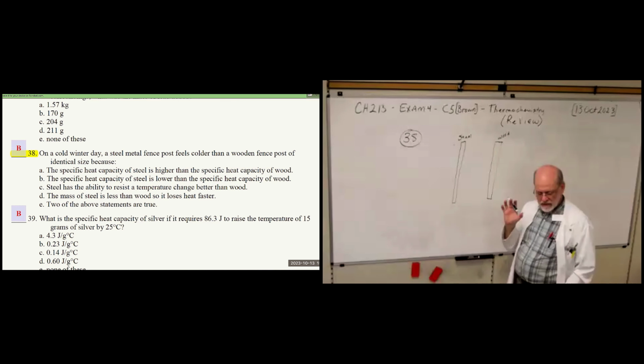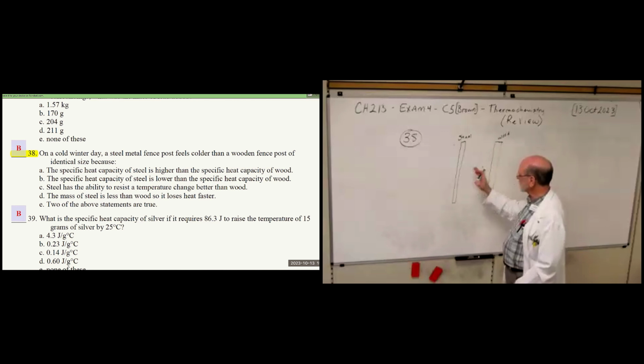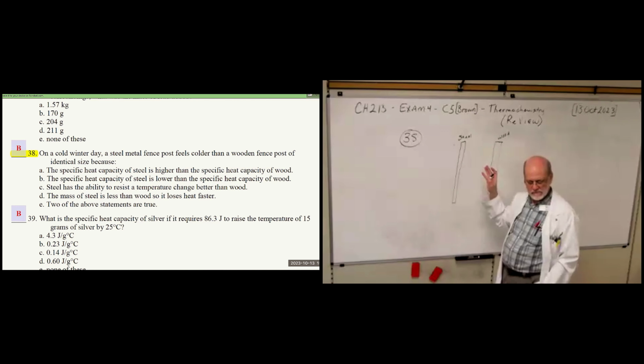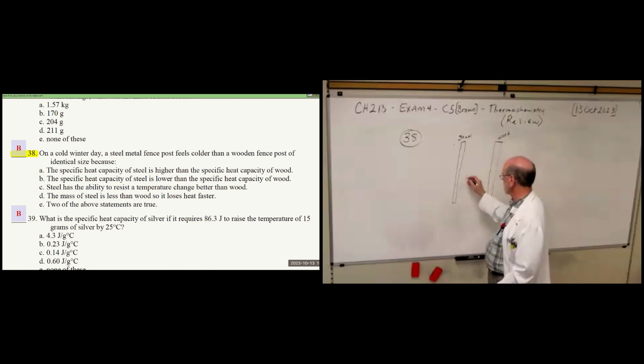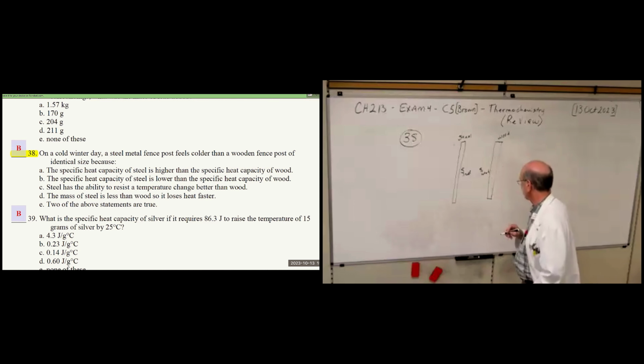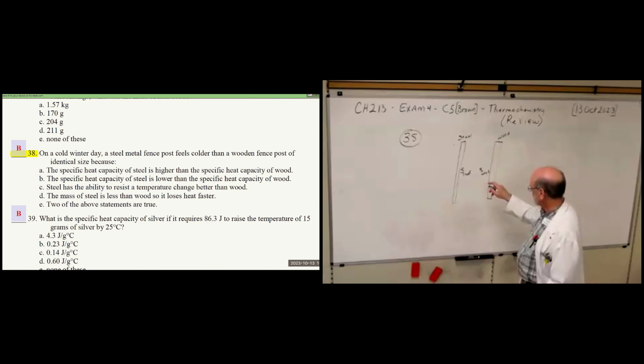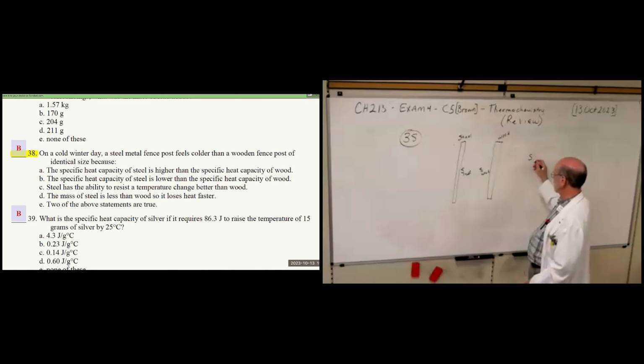And when you touch the steel, it feels colder than the wood does. So this one has a particular specific heat for steel. This one has a specific heat for wood. Right?